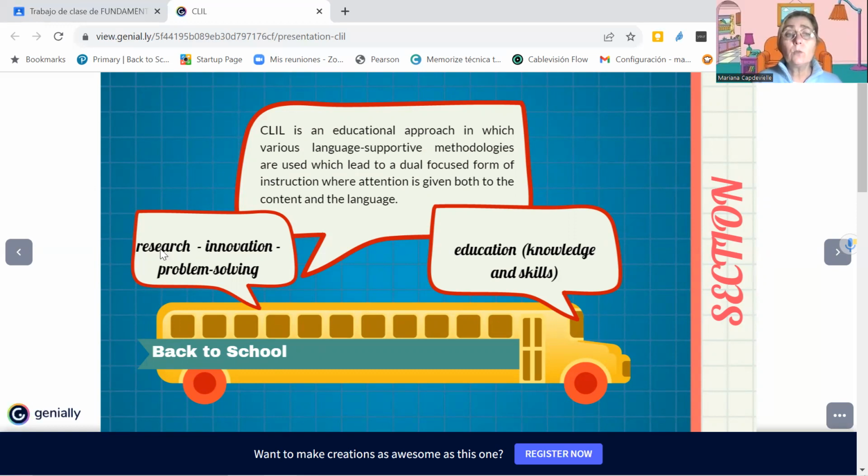And of course, you need to do research, innovation, problem solving, and you need knowledge and skills. That's what this education is about, to acquire knowledge and the skills.